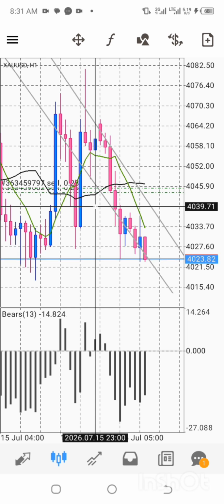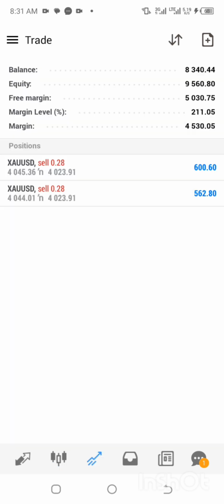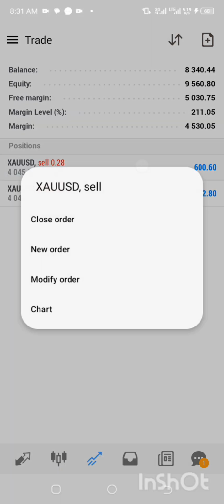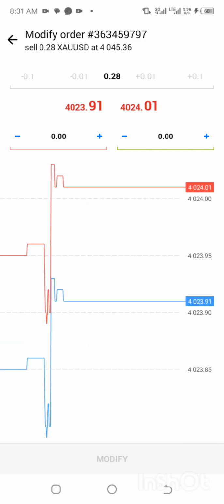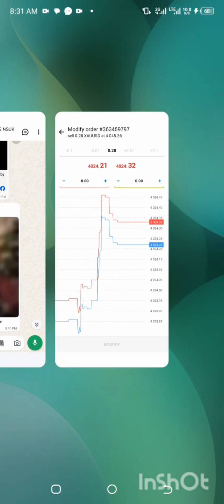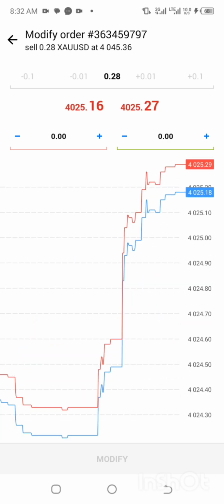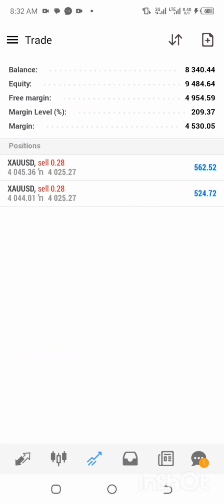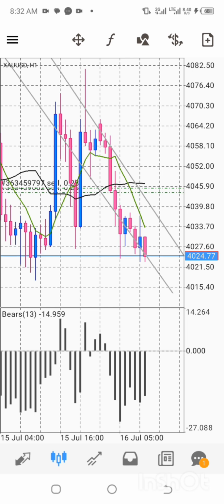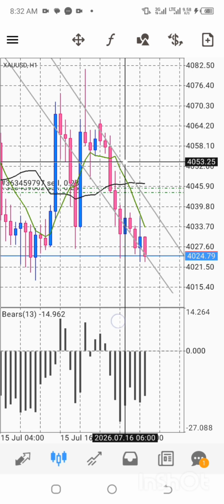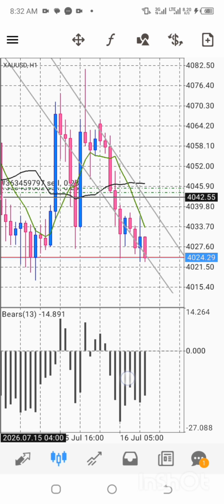So you come here, tap and open this drop down menu and go to modify. In your modify, we'll put it at 40.39.